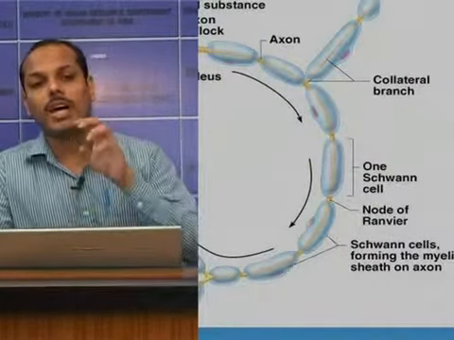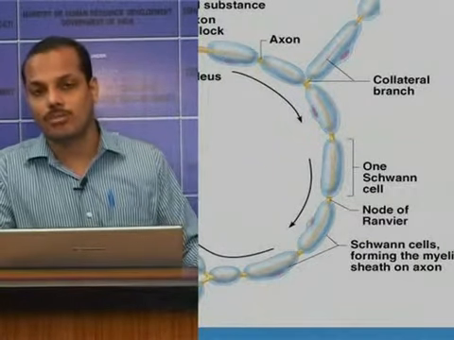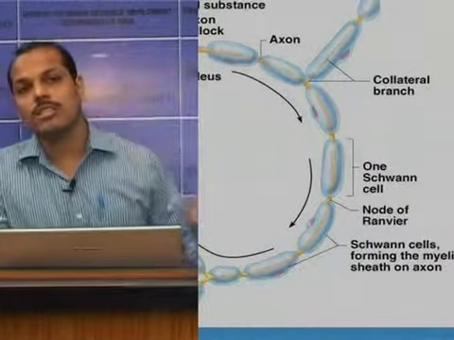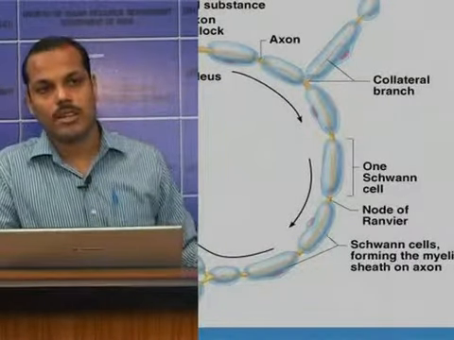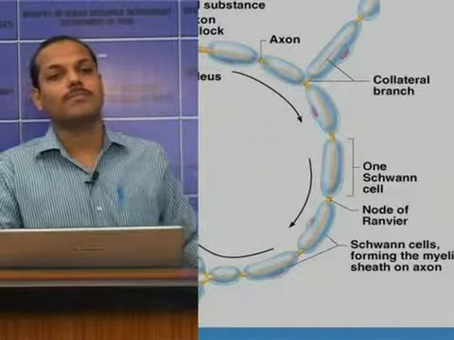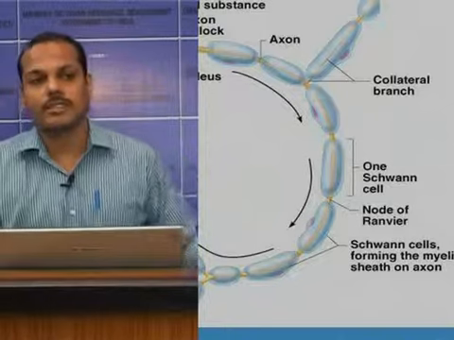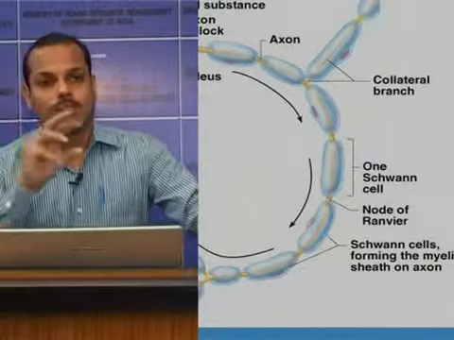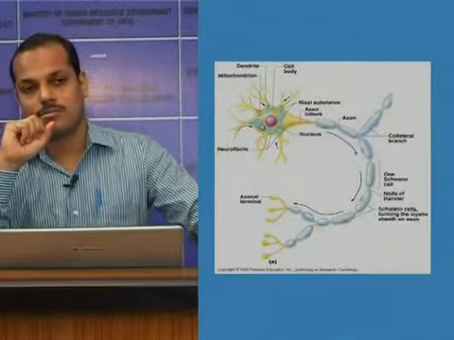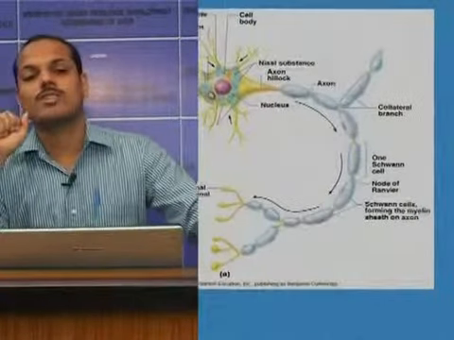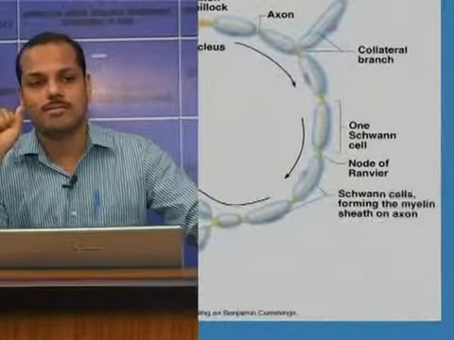Pyramidal tracts remain unmyelinated at birth, and myelination completes around the 2nd year of life. Now, in the peripheral nervous system, the myelin sheath is formed by Schwann cells, whereas in the central nervous system, the myelin sheath is formed by oligodendrocytes.